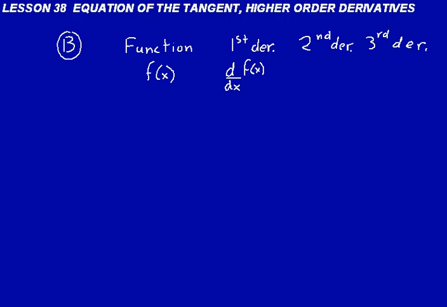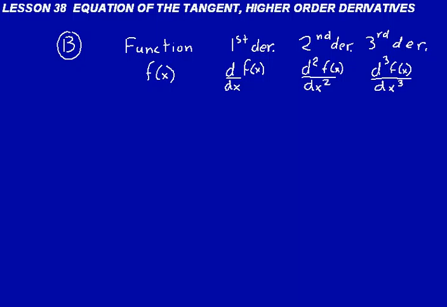The second derivative could be written d squared f of x over dx squared. The third derivative might be written d cubed f of x over dx cubed.